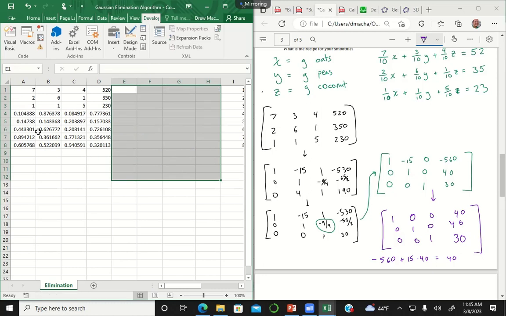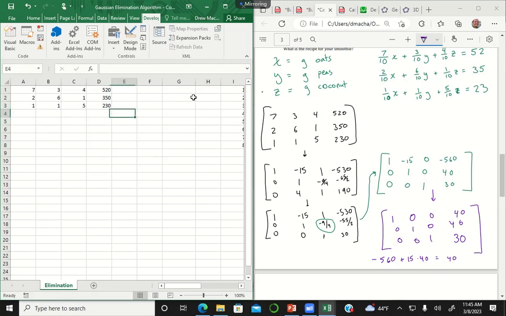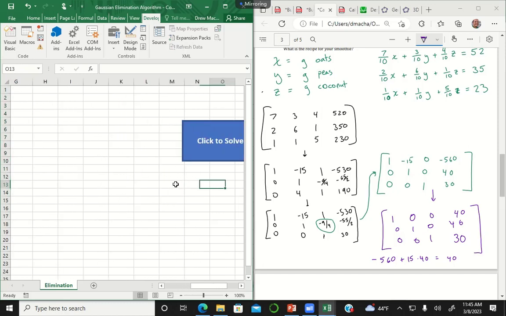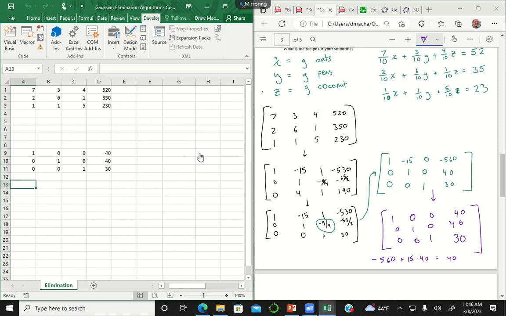Let's see if we get the same results whenever I hit the button on my little Excel spreadsheet right here. Yeah, so this just quickly, a lot faster than we did, row reduces the matrix to get 40, 40, 30.